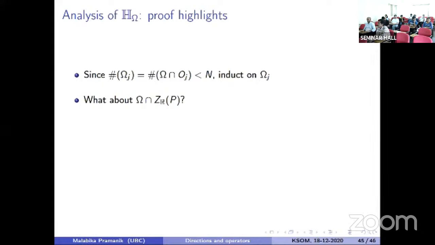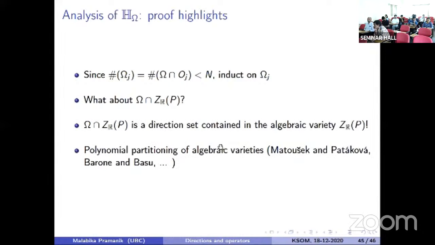In principle, this set could be of large cardinality, but the key point is that it is then contained in an algebraic variety of lower dimension, namely the zero set of the partitioning polynomial P. One can then appeal to more refined polynomial partitioning results for algebraic varieties in order to carry the induction forward.